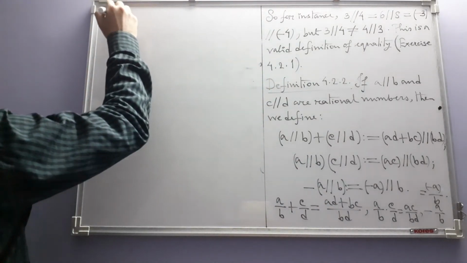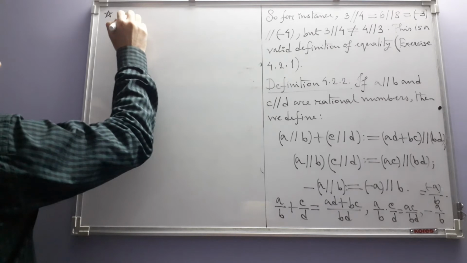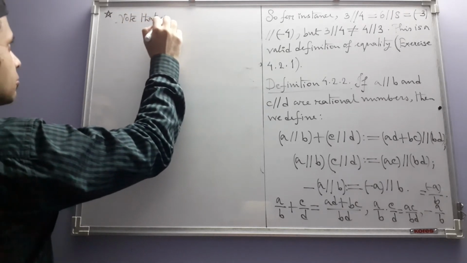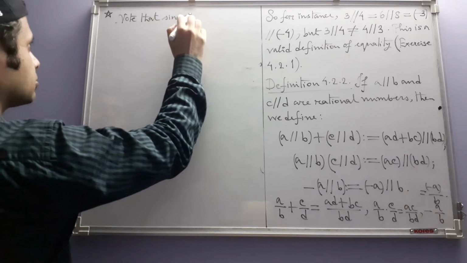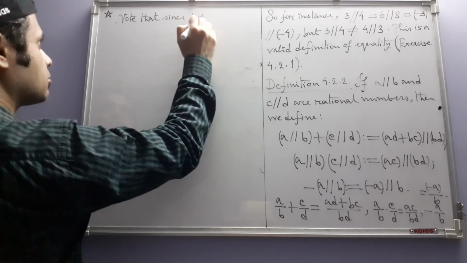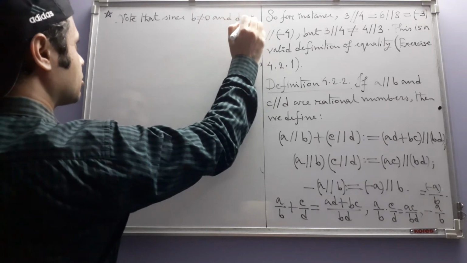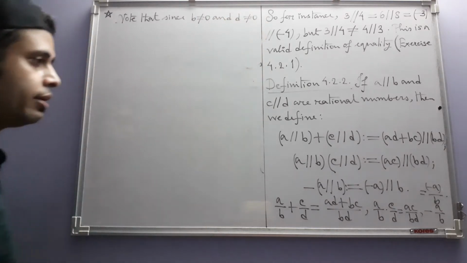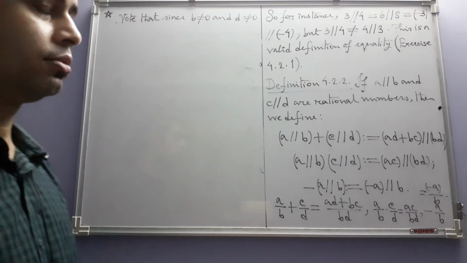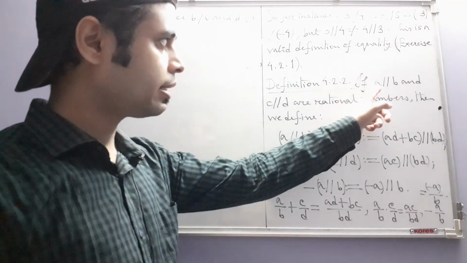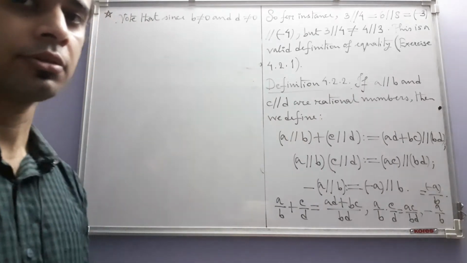Note that B and D are non-zero. Why do we say B and D are non-zero? It's because it is given that A by B and C by D are rational numbers.